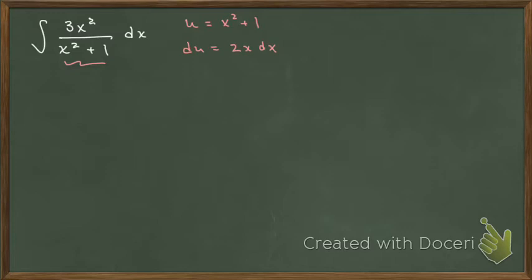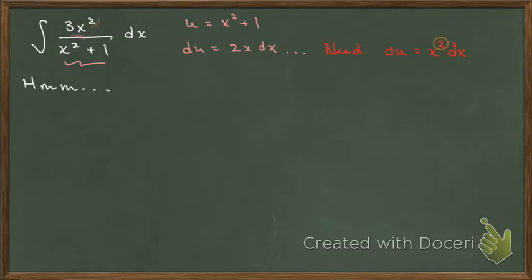But notice that that's not a 3x squared, or at least an x squared. I need du to be x squared dx because that's what I have in my integral here, all right? So I'd maybe try something else.